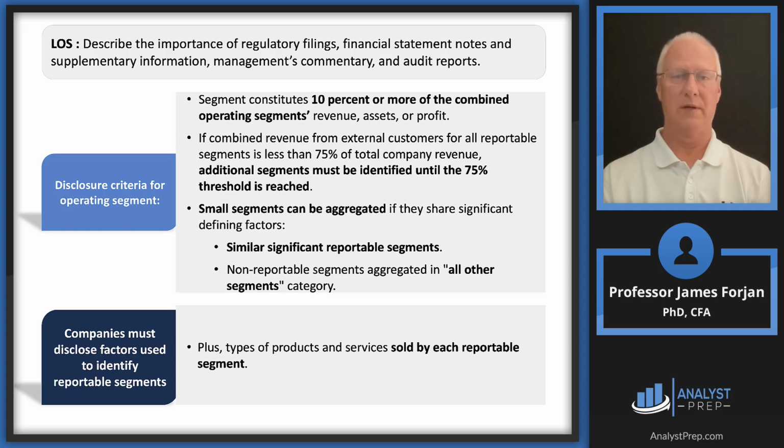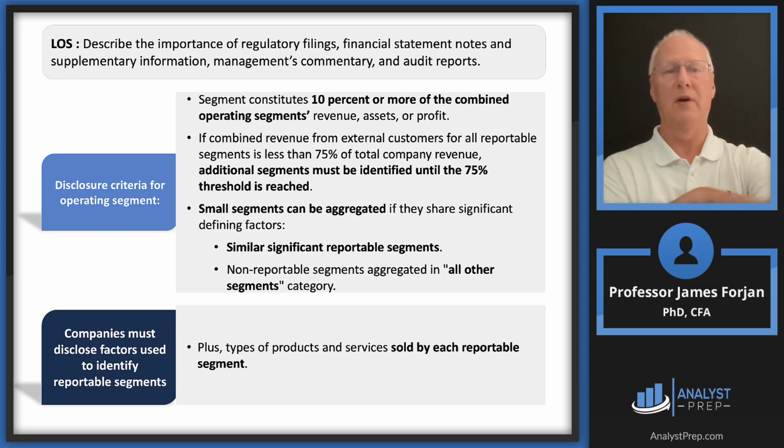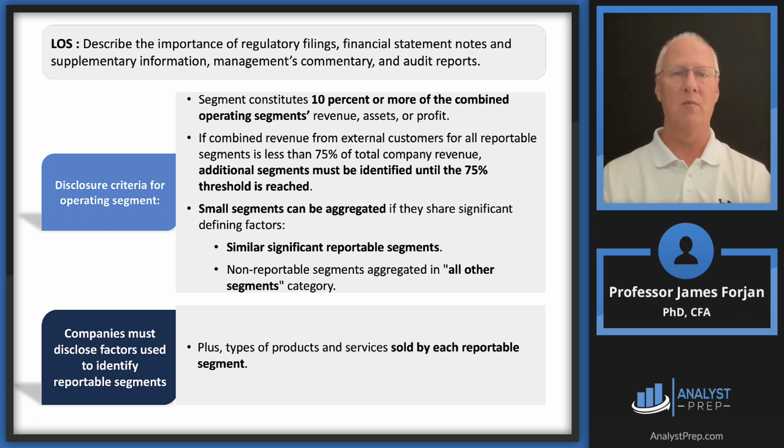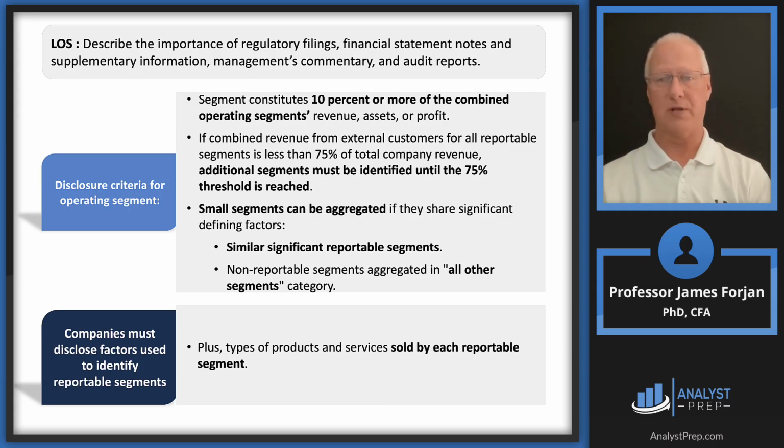Here's where it gets just a little bit technical. I don't imagine the Institute would give you an 8% or a 12% question, but 10% or more of combined operating segments. So there we go: revenues or assets or profits. Those are probably the 3 categories to look for. And then there's another percent there, 75% of total company revenue. So small segments can be aggregated.